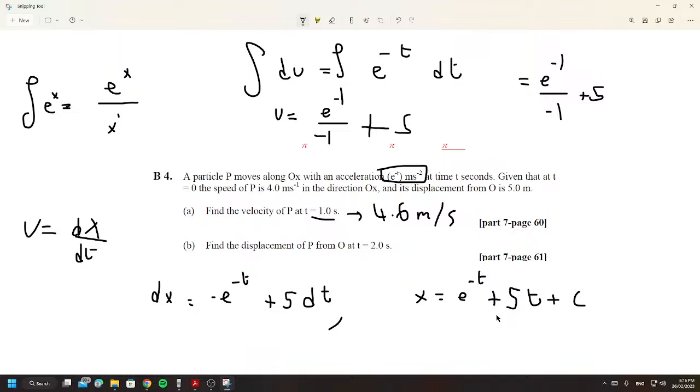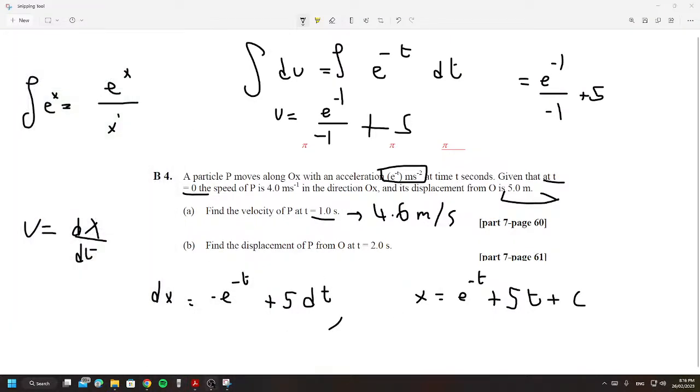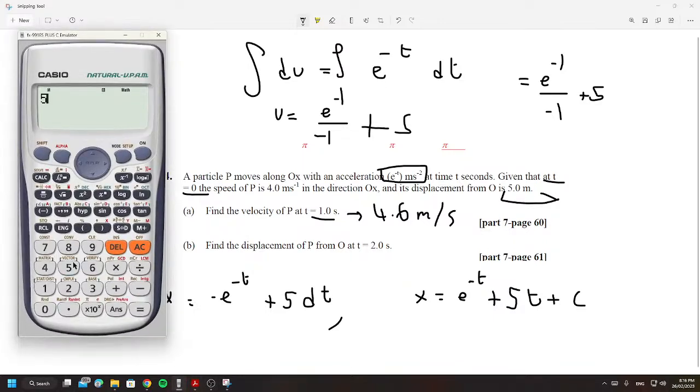Okay, so find displacement from O. So here they told us displacement is 5 meters when t is equal to 0. So displacement is equal to 5, equals e to the power of negative 0 plus 5 times 0 plus c.